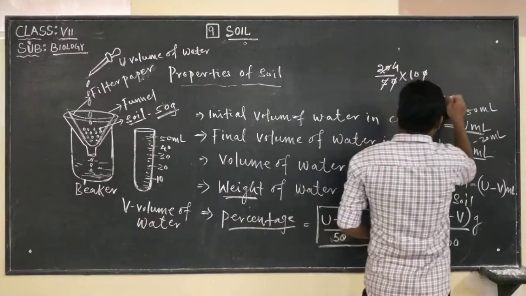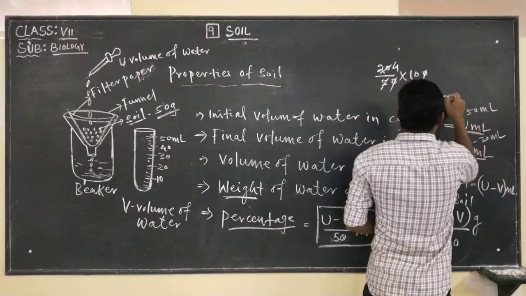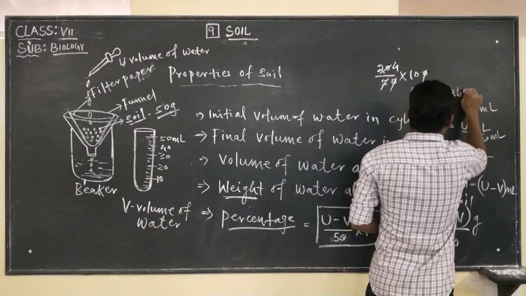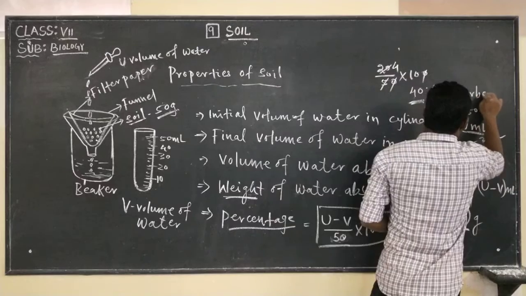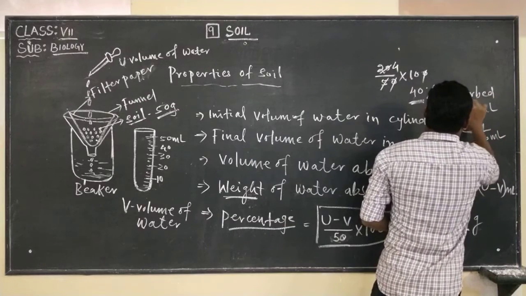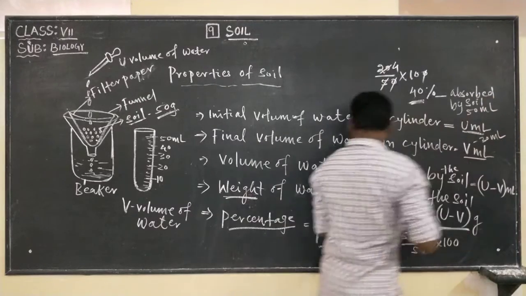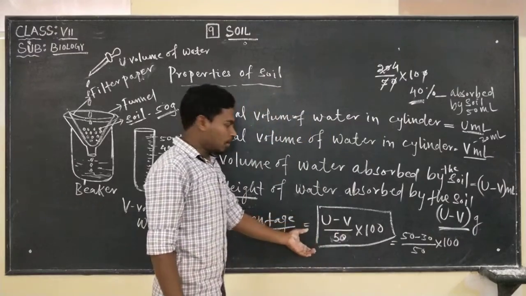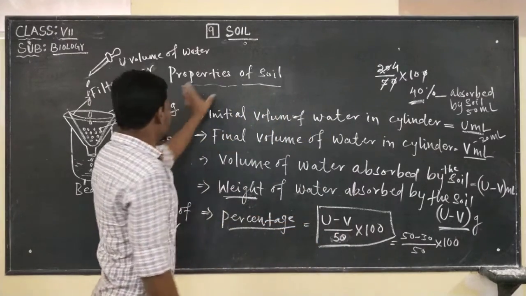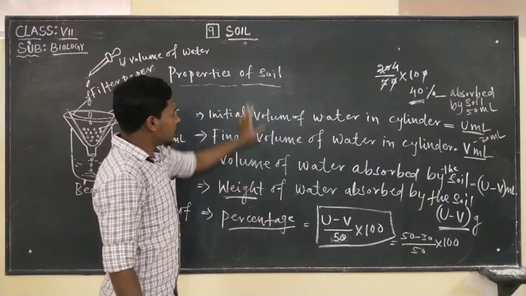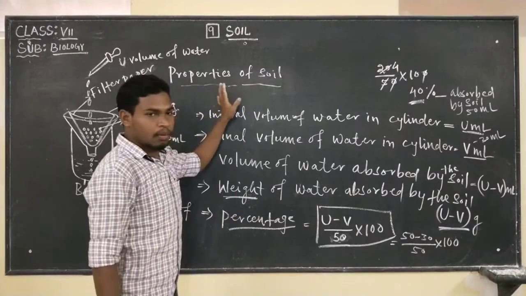So this is the volume of water absorbed by the soil. Remember, this is the formula to calculate the percentage of soil that is absorbing water.